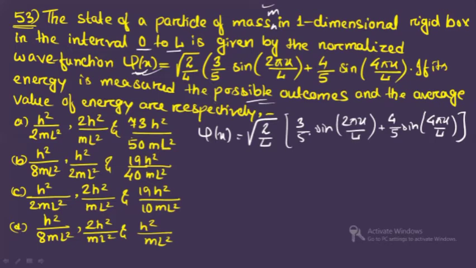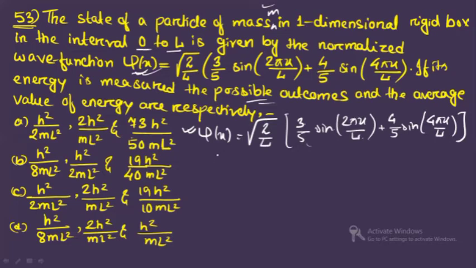In this case, this term is 3 by 5 sine 2 pi x by L, and this is 4 by 5 sine 4 pi x by L. So this is the wave function given to us for a rigid box.